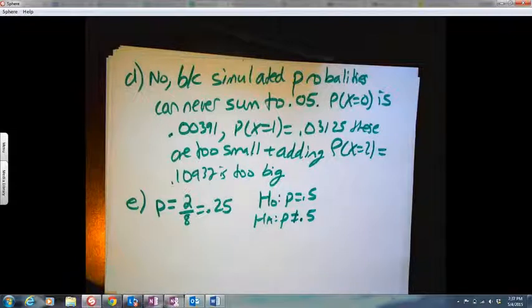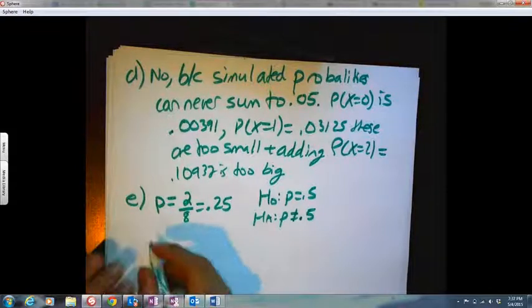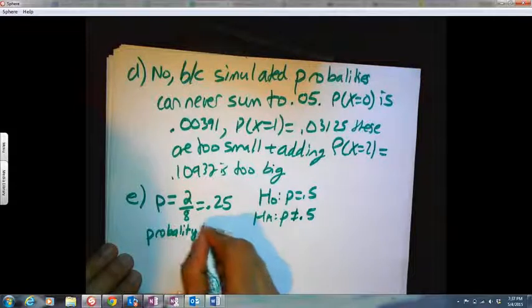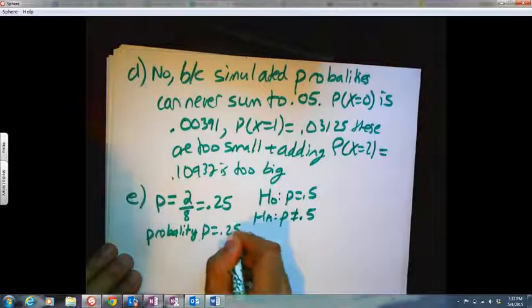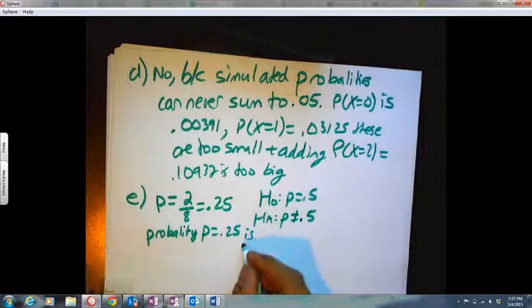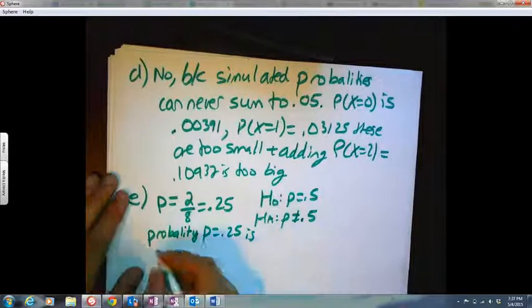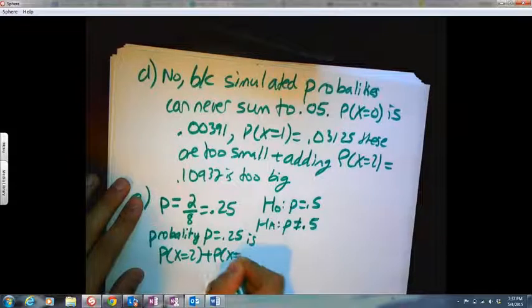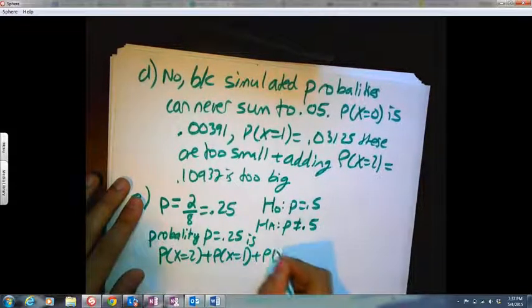So let's see. The probability p equals 0.25 is what? In other words, that's the probability x equals 2 plus x equals 1 plus x equals 0.